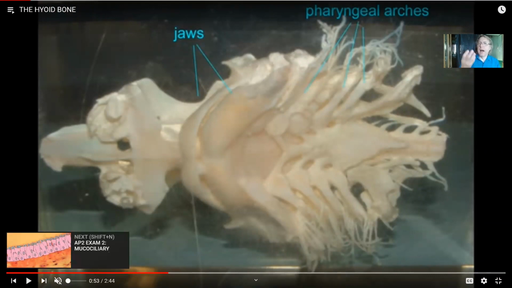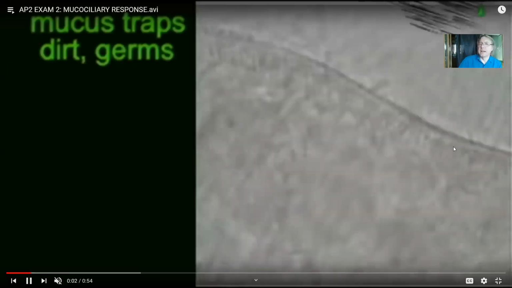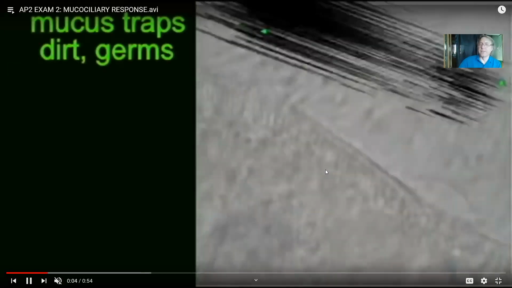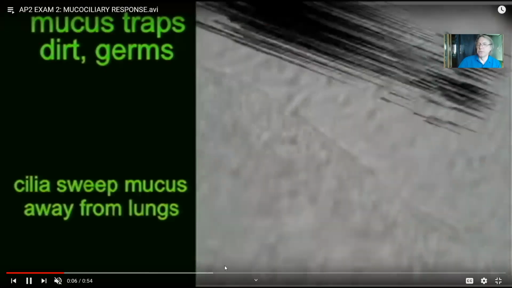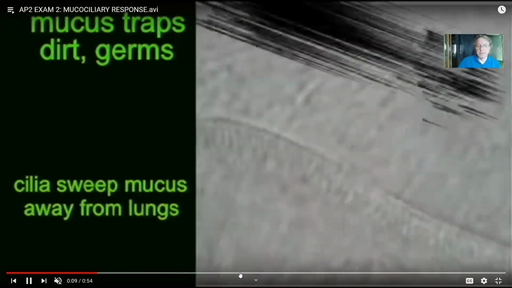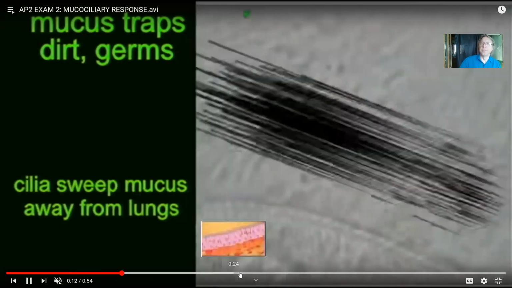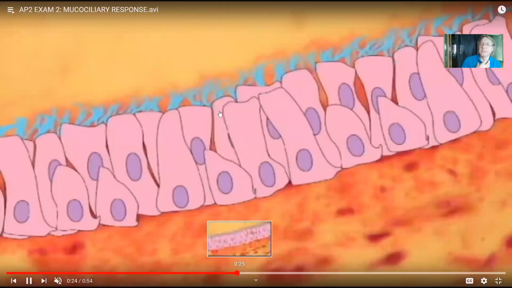So from the nasal cavity, air passes into the pharynx, which passes through the larynx, which then enters the trachea. And the trachea then is lined by cilia, just as the nasal cavity is. Now, this is a one-celled organism with cilia, but that's what cilia looks like. And the cilia in your respiratory tract looks about the same. We have goblet cells, which make mucus.